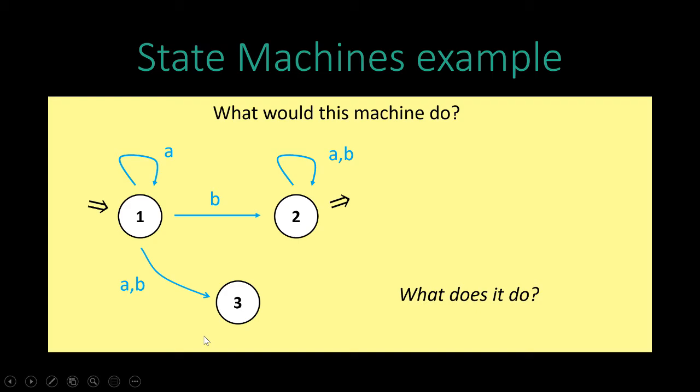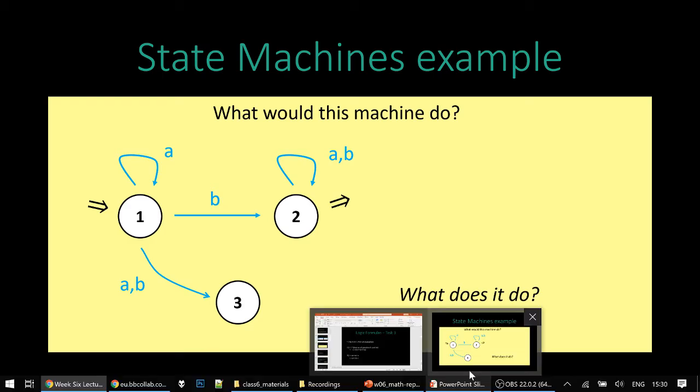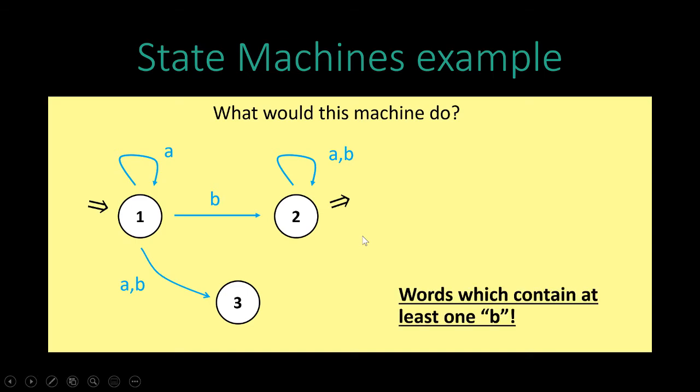So does anyone have an idea what this state machine would do? Okay, I will progress the slides then, and try to explain it. So this state machine accepts words which contain at least one B. Because if we feed it with something like A, it will always either stay in 1 or go to the other state, because there is A here and here.